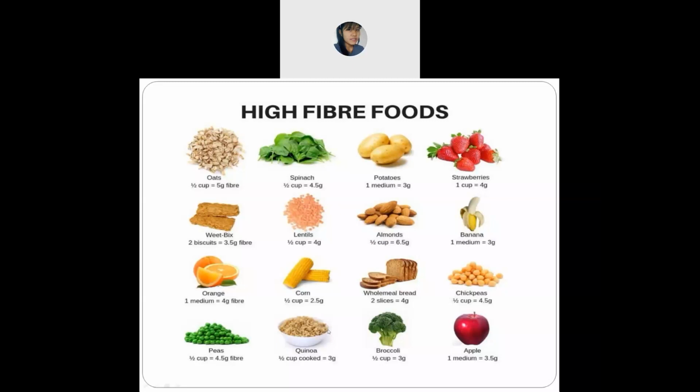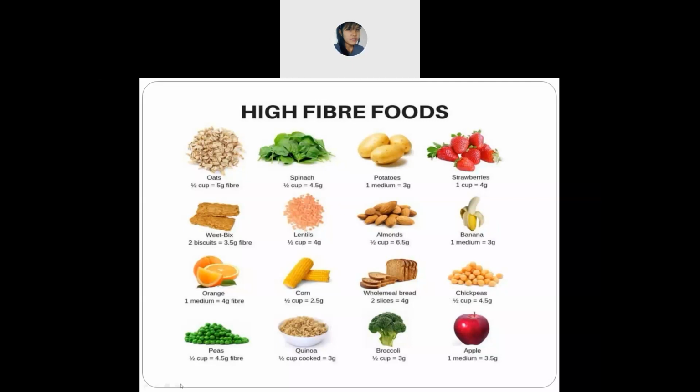It's a kind of seed. Next is broccoli, and the last is apple. All this food contains sufficient fiber, so the person should consume this kind of diet. Is it clear about the diet?